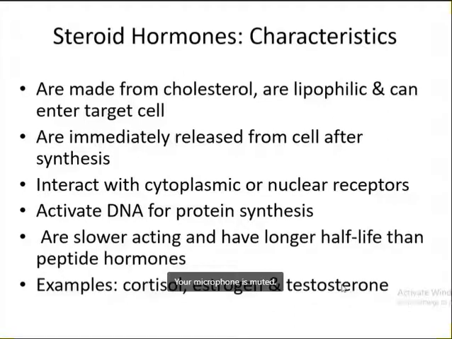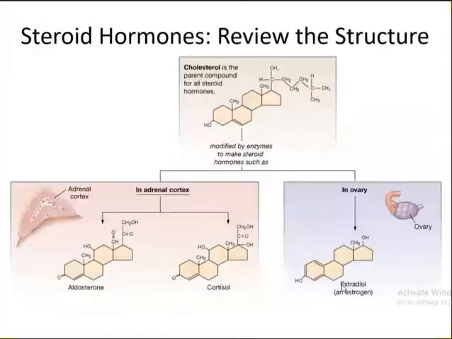Now, structure: you can see the structural review. That is very important. This is cholesterol. Then modification by enzymes makes steroid hormones such as adrenal hormones, aldosterone and cortisol. Now there is a change in the structure from the parent cholesterol.